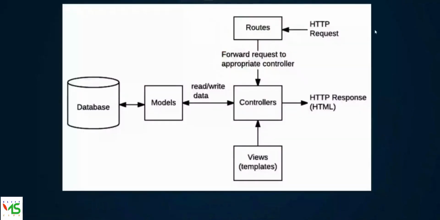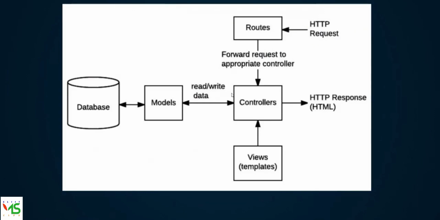Here is the process that we are going to follow. We are going to send an HTTP request from the front end. It will navigate to this route, and what routes do is forward the request to the appropriate controller.